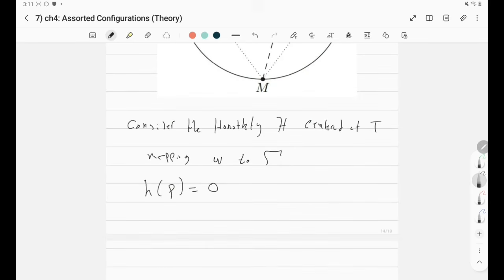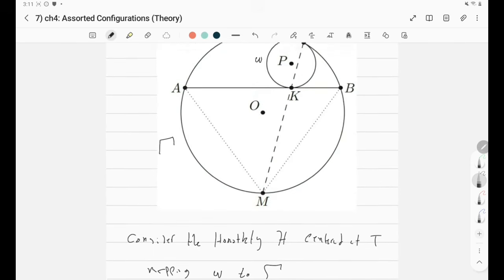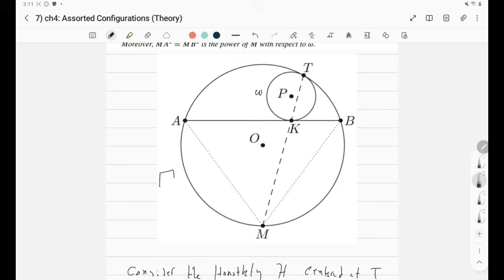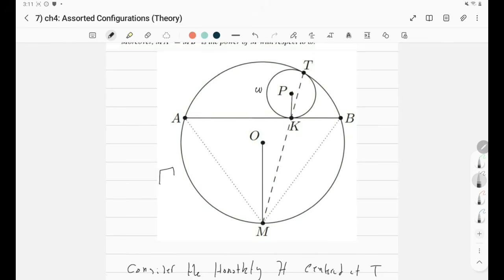So the image of K is just M. Very nice. But if you look at it right now, that means of course that if you draw OM and PK, clearly PK is perpendicular to AB. So that means that we already know that OM is parallel to PK. Why is that?